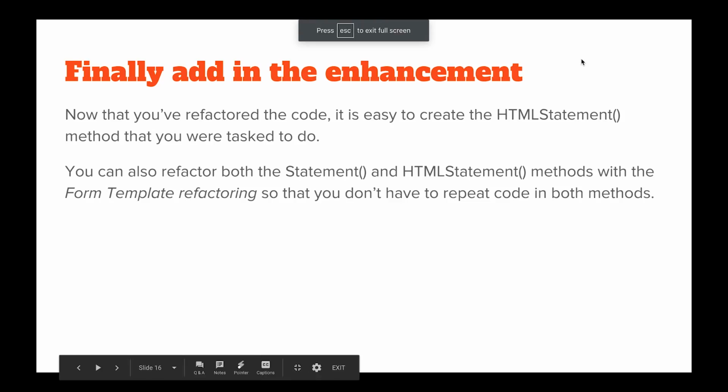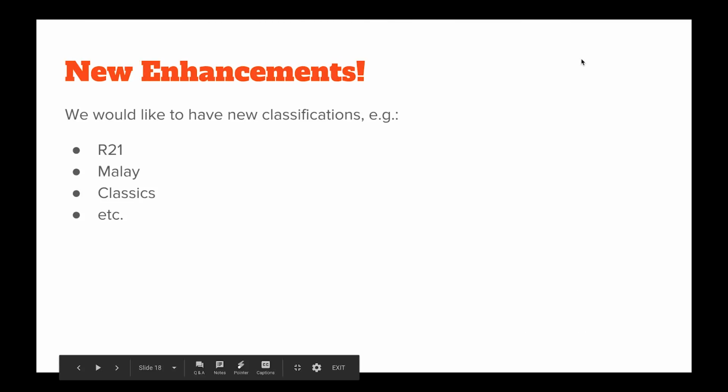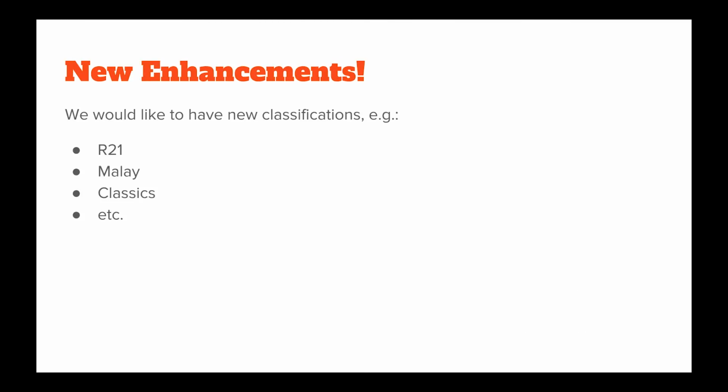Okay, so here we have our HTML statement. Now, they have some new enhancements, for example new classifications. Let's say we have new categories like R21 movies or Malay movies or classics that we want to add in our store.